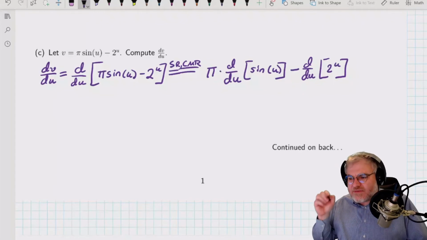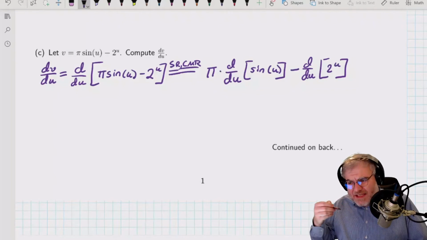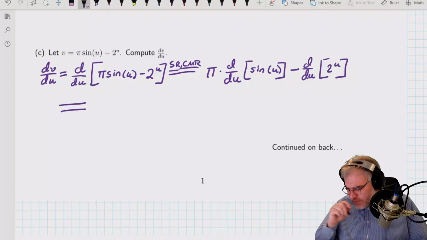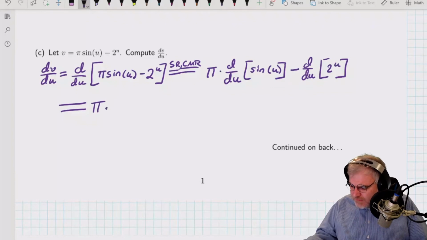Because it's very easy to forget, especially when you start dealing with products and chains and mixing them. All right, so this is going to be pi times the derivative of this, which is cosine u, minus, and then the derivative of this with the exponential rule is ln of 2 times 2 to the u.